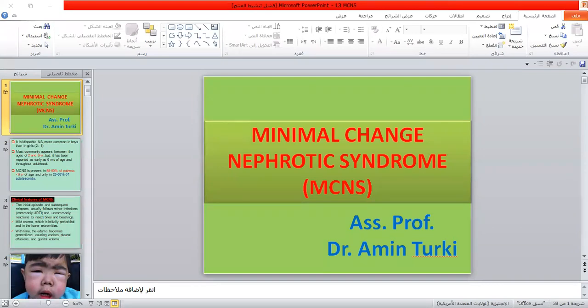By definition, it is idiopathic nephrotic syndrome. It occurs more commonly in boys than in girls, about 2 to 1. Most commonly it appears between the age of 2 and 6 years, but it has been reported as early as 6 months of age and throughout adulthood. يعني the minimal change nephrotic syndrome هو commonly present between the age of 2 and 6 years, but many cases are found in children as young as 6 months, and also it is reported in adulthood.